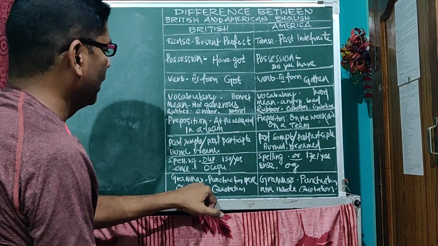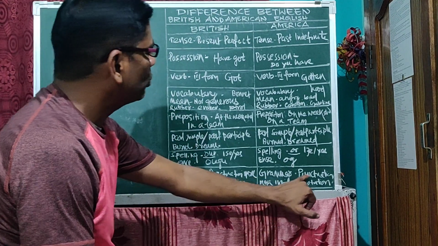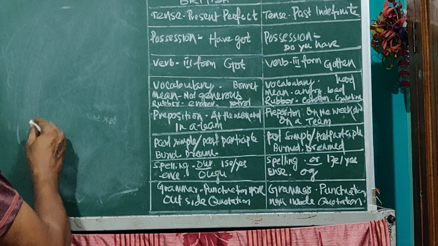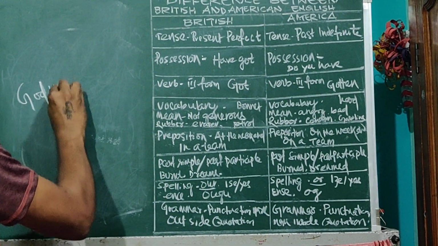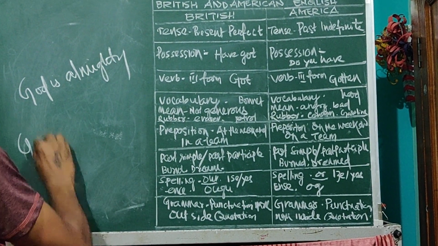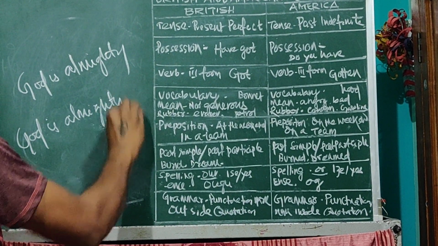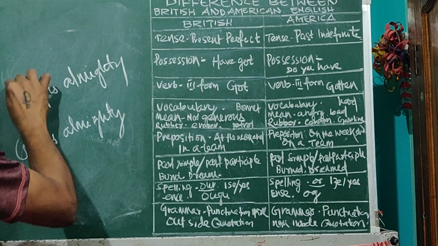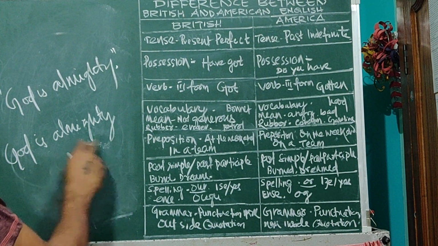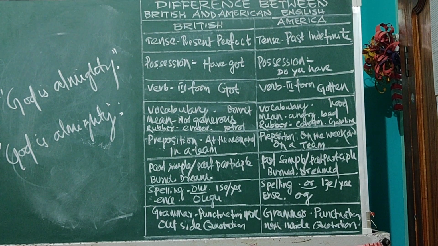Now, the last, grammar. In British English, the punctuation mark goes outside the quotation, and here in American English, the punctuation mark goes inside the quotation. For example, we put the punctuation mark here in British English, but in American English we put the punctuation mark inside the quotation.